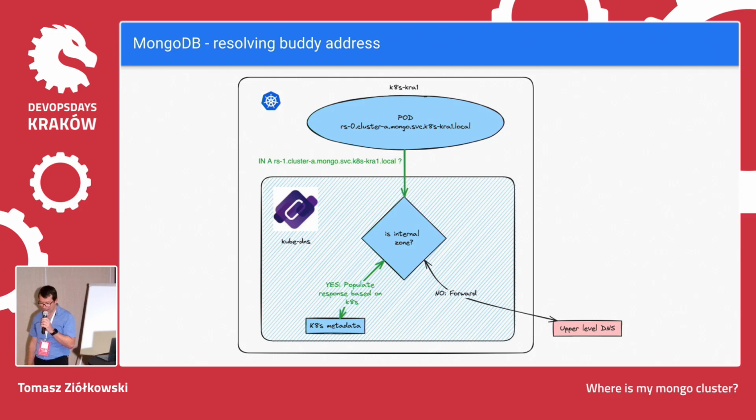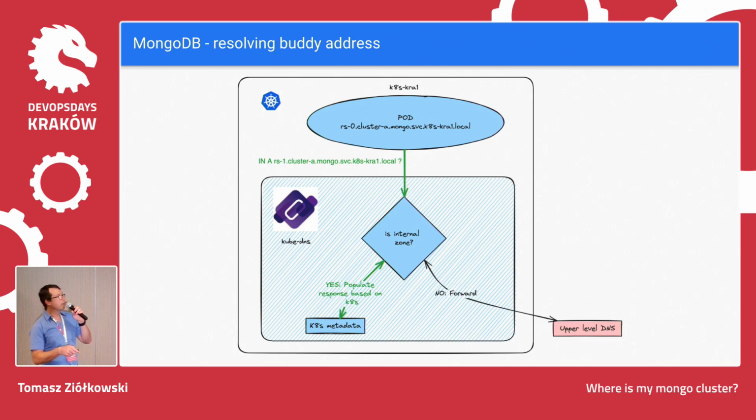So let's imagine that we want to communicate between two nodes of MongoDB that are deployed in the same Kubernetes cluster. In such a case, our node just tries to resolve the name of the second node, and the logic in the Kubernetes DNS is simple.